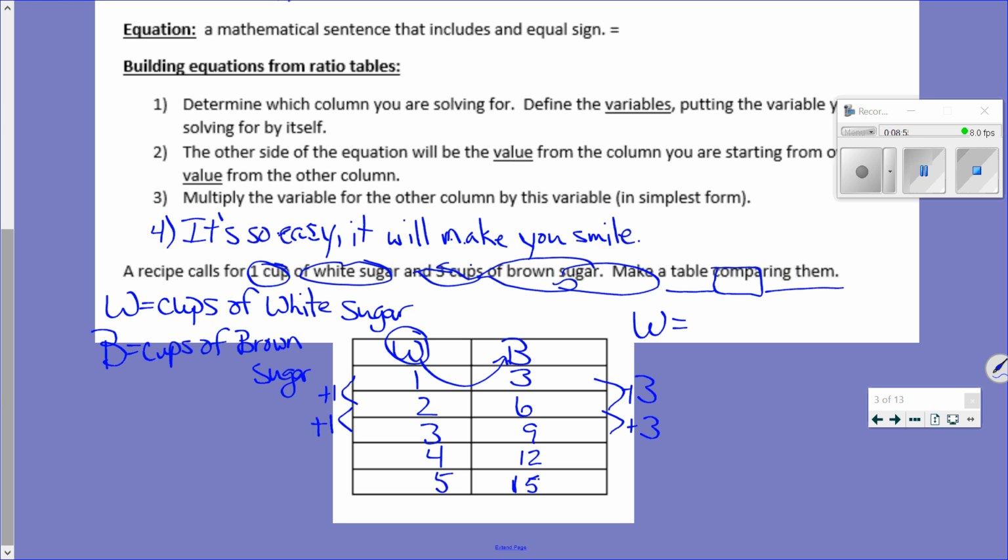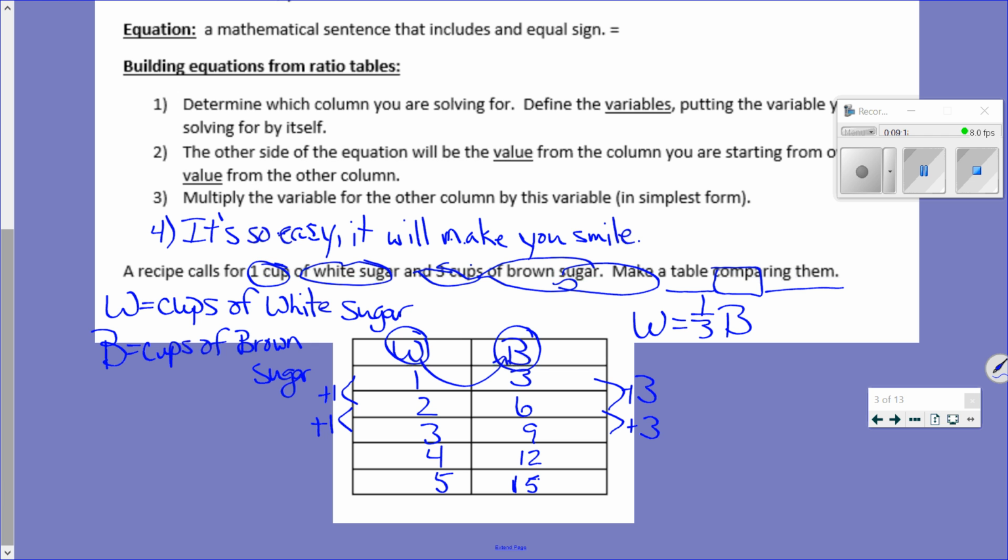See the little smile? What's the first number I came to? 1, over the next value I come to? 3. And then step 3, multiply the variable from the other column, which is B. So you can now see we have our 2 eyes with a smile. It's that easy, guys. Okay?